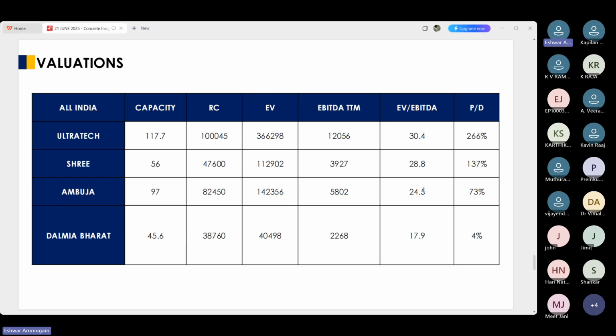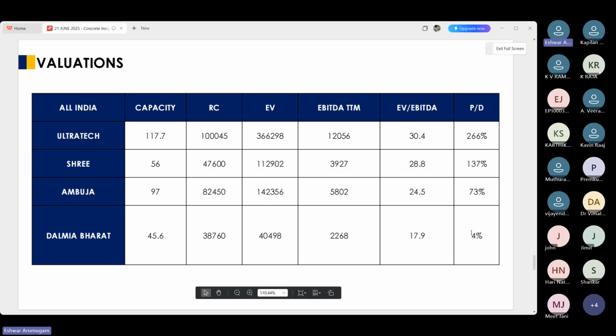This discount maybe we can attribute to the promoter risk, essentially, which the market is factoring in. Whether it is justified or not, I leave it up to you. So that might be the reason why it is trading at a reasonably lesser valuation compared to the other two companies.